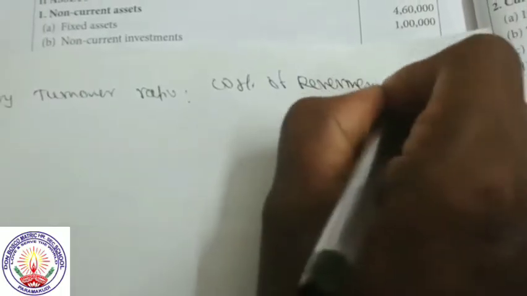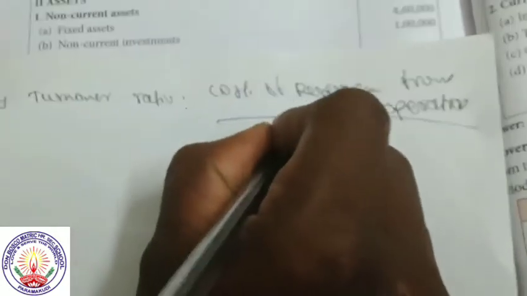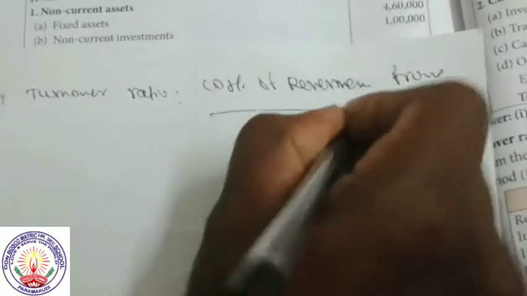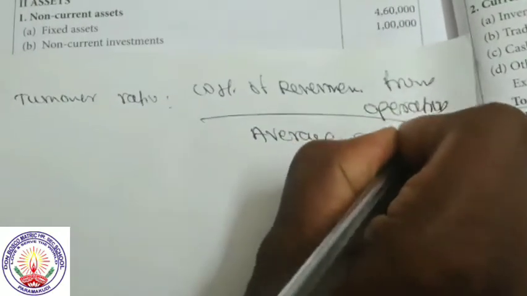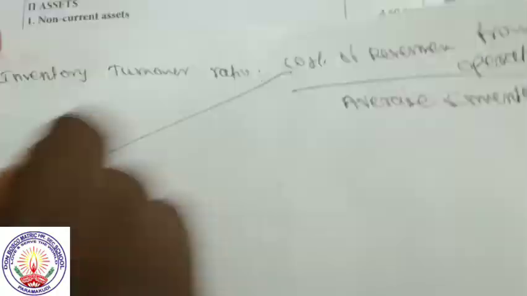Cost of revenue from operation divided by average inventory. What do you mean by cost of revenue from operation?